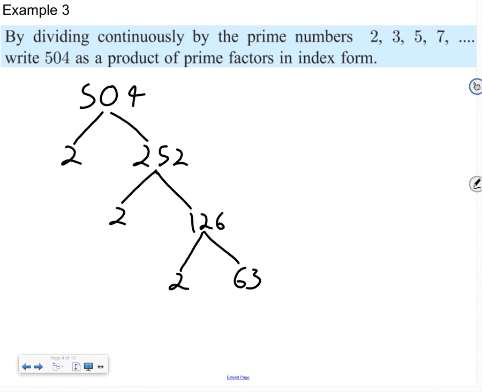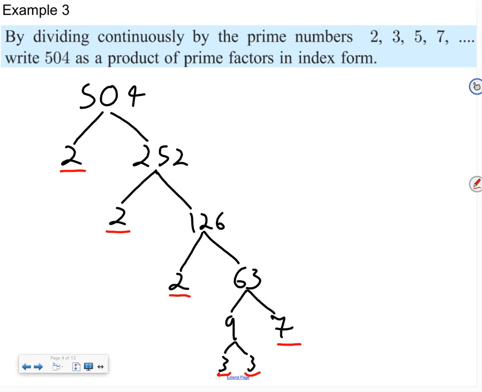At this point, I can't divide 63 by 2, so I'm going to recognize I know my factors of 63: it can be broken down into 9 times 7. Notice I can stop when I see prime numbers. 2's prime here, here, and here, and 7's prime, so I can stop there. Then 9, I can break up into 3 and 3, and 3's prime.